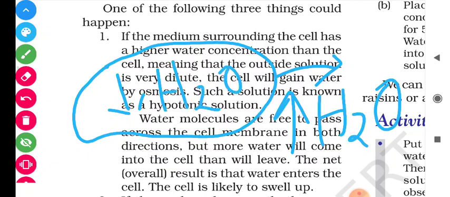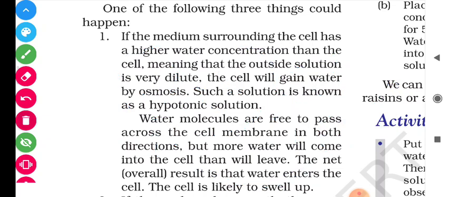So what will happen? The cell will gain water through the osmosis process. Such a solution, which has a higher concentration of water outside the cell, is called a hypotonic solution. Please tick mark this whole paragraph.